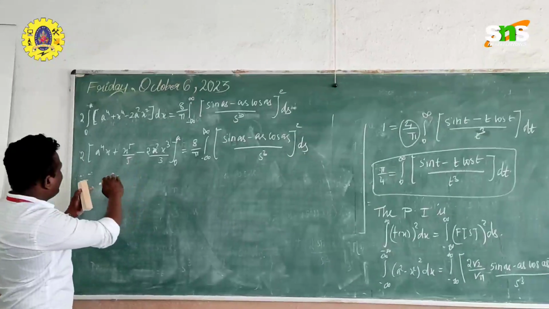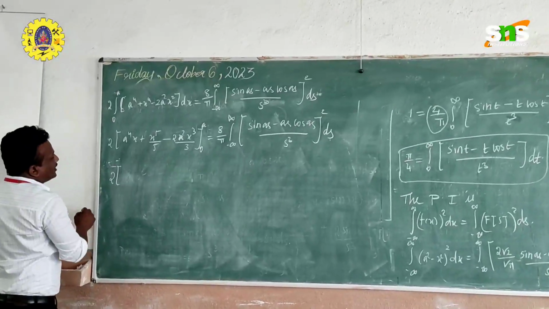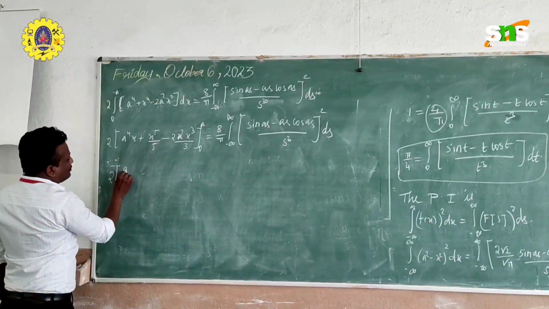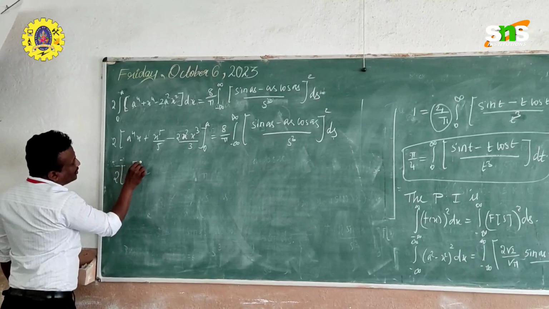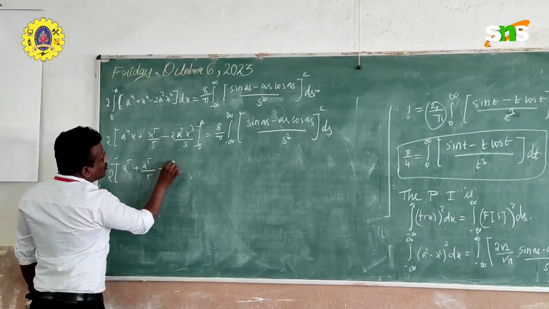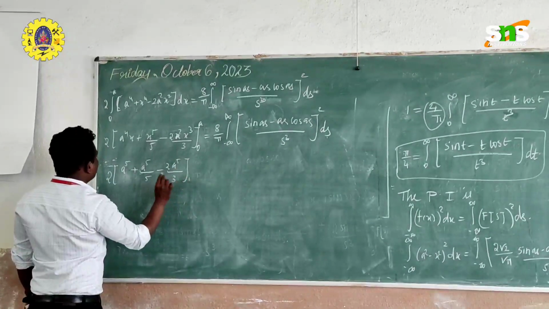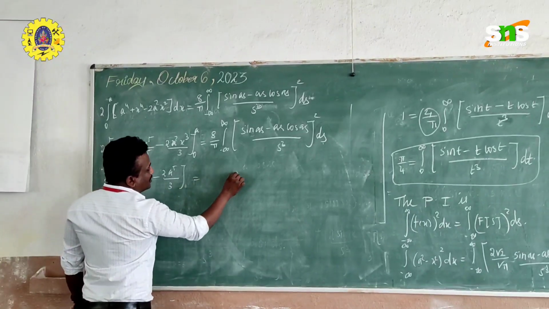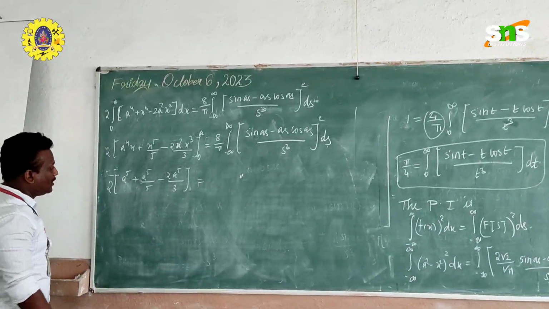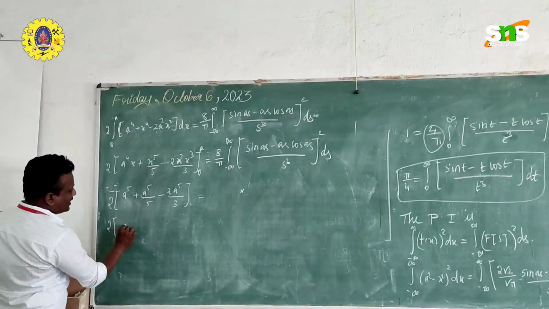Now apply upper limit and lower limit. So substituting the upper limit, what happens? a power 5, then plus a power 5 divided by 5 minus 2 a power 5 divided by 3, just close it. Now this is equal to this step. Now 2 into, just take the LCM. What is the LCM?